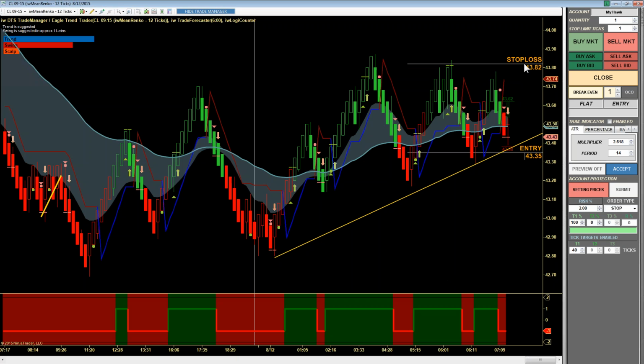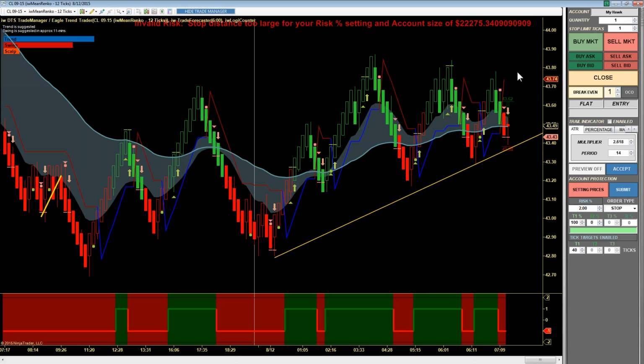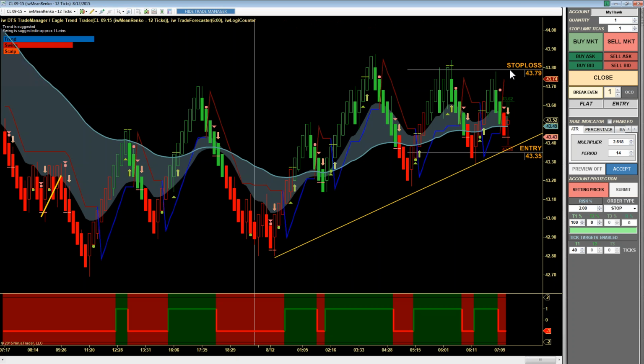And like I said, being a trade room moderator, I do have certain perks. Ooh. Now, did you notice that? This is the Trade Manager tool I'm using. The other one you saw in the Raptor was the Trailblazer. The Trade Manager has this risk component built in. It will not allow me to risk more than I can afford to lose. So I currently have risk limited to 2% of my trading capital.